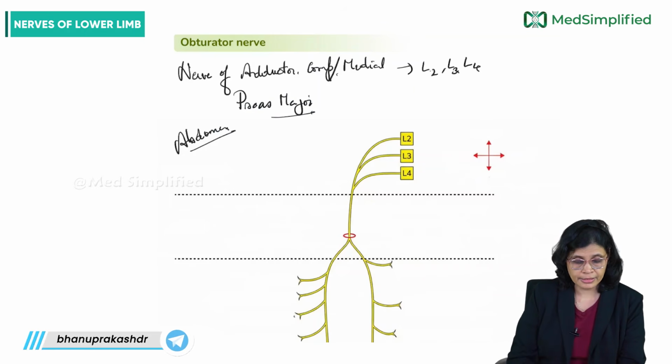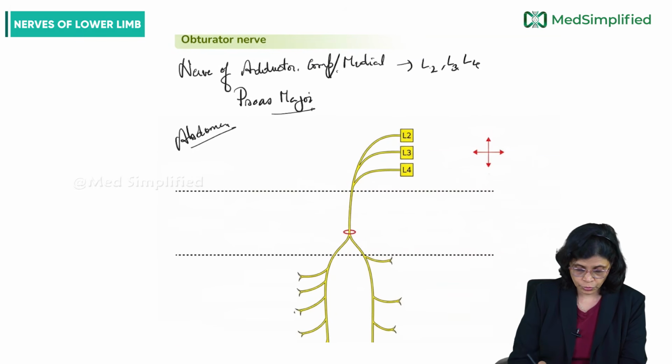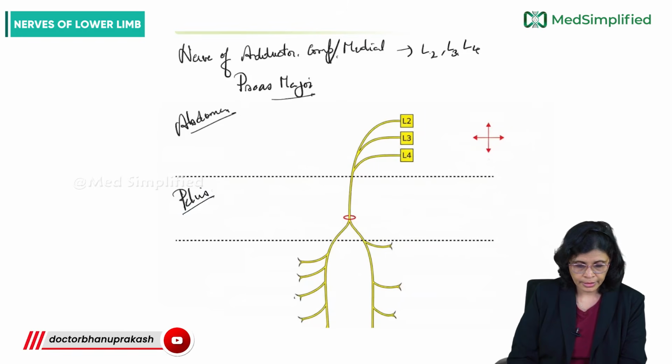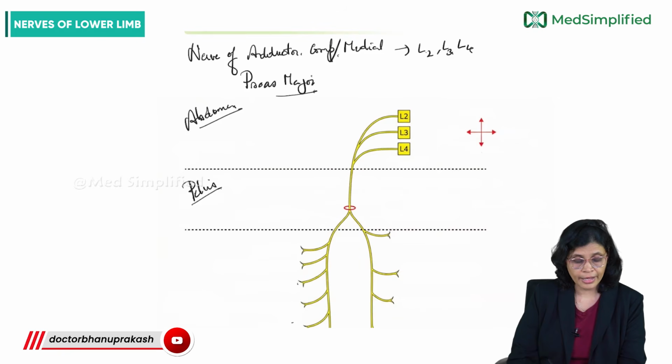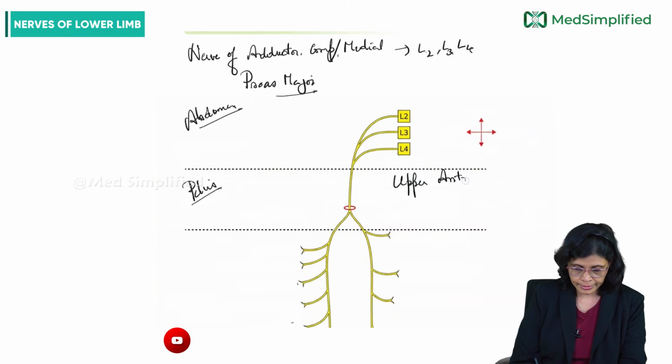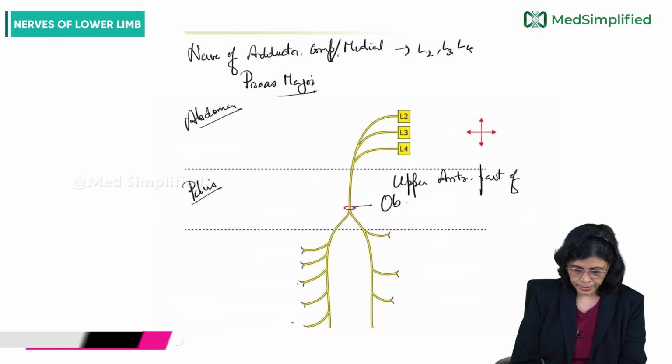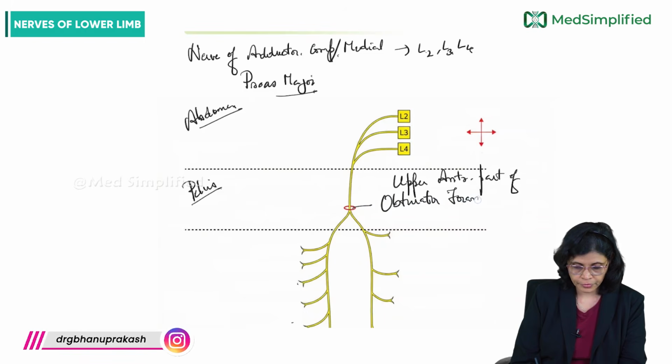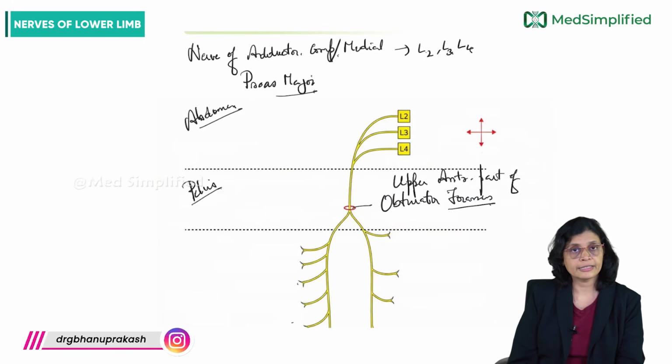Then in the pelvis, it passes along the lateral wall of the lesser pelvis and then passes through the upper anterior part of the obturator foramen, and enters the adductor or medial compartment of thigh.